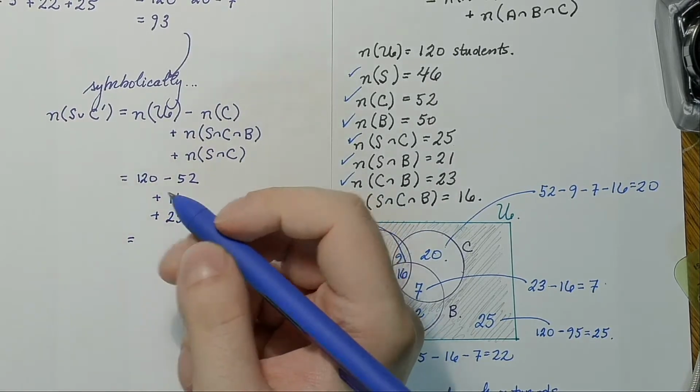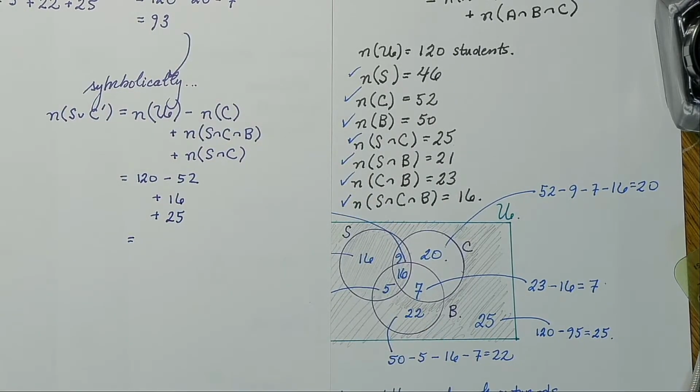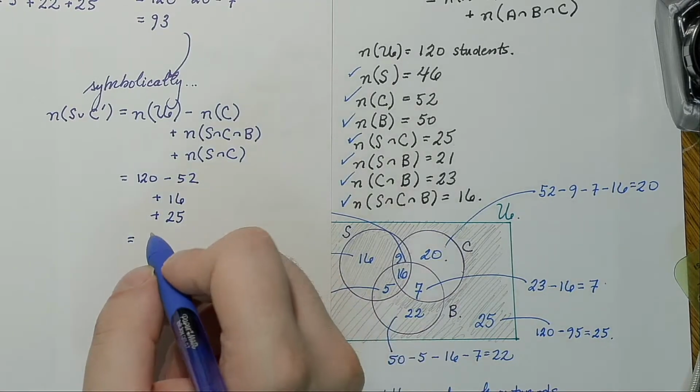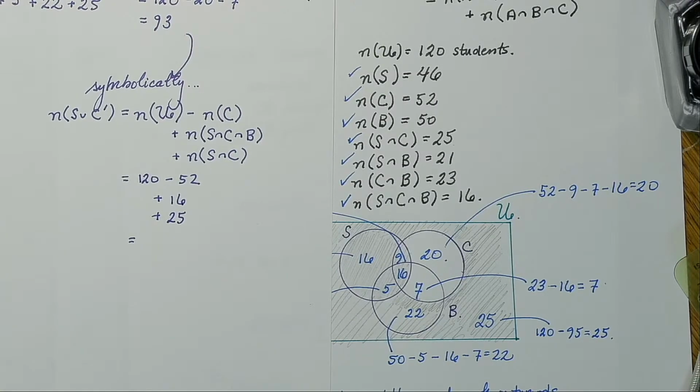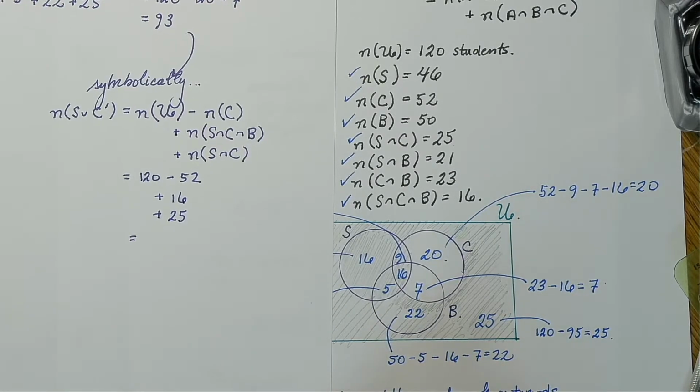Okay, so hopefully, if I have done this correctly, it's 120 minus the 52, which gives me 68, plus the 16, which is 84, plus 25 gives me 109. Did I do this incorrectly? So 120 minus 52 plus the 16 plus the 25, 109.